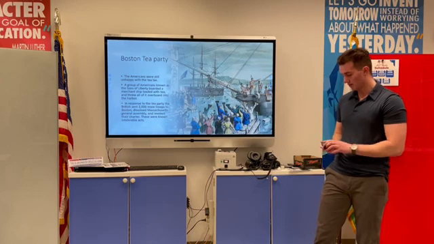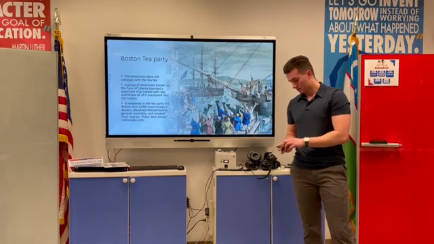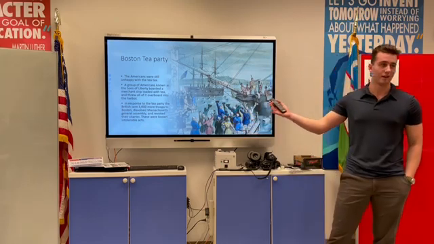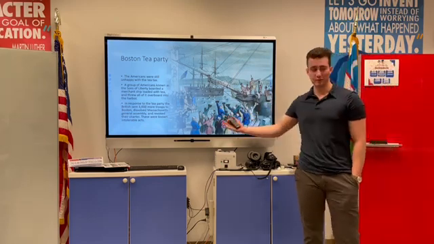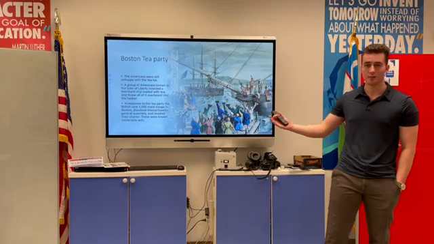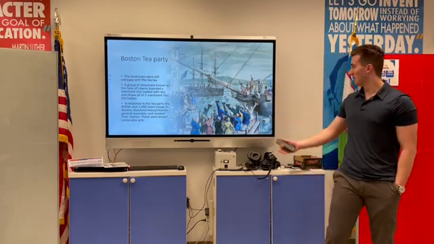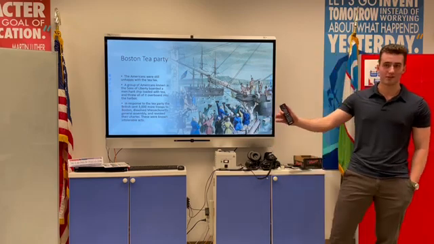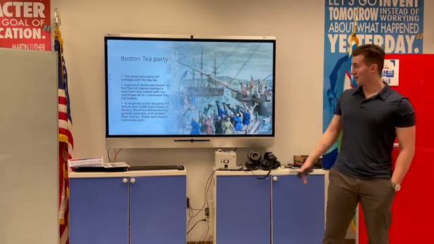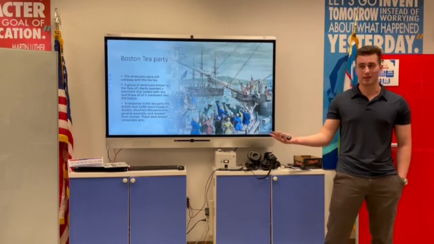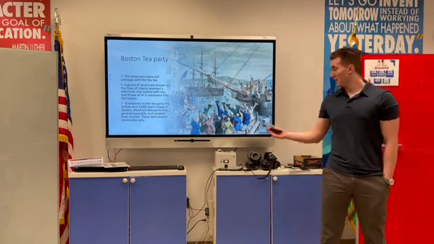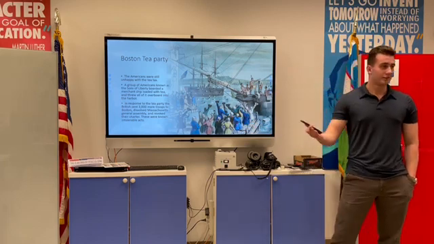So what the Americans did was, one day, when a British merchant ship showed up with a lot of tea on it, a group of Americans known as the Sons of Liberty, led by Samuel Adams, went on it dressed as American Indians and threw it all overboard. They just tossed it in the ocean. Obviously, the British aren't happy with that because this is their tea and they love tea. But they can't have their colonists just doing whatever they want.